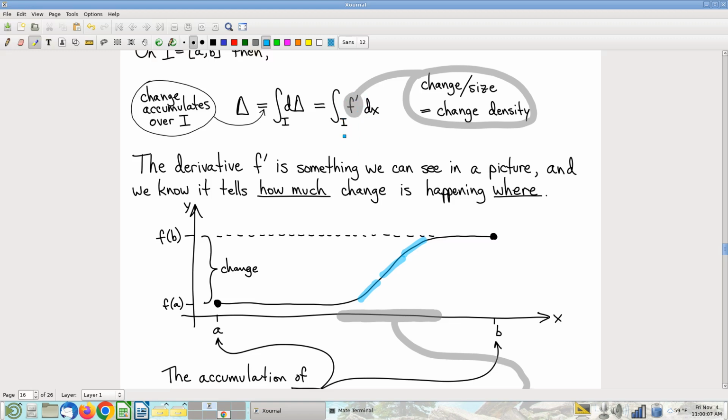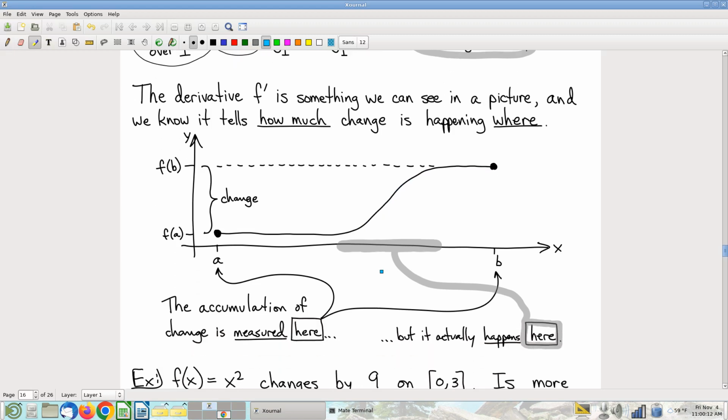Okay. So this makes it a little bit easier to digest the suggestion I've made, that sometimes we observe quantities on the boundary. Now, how do you compute change? How do you compute f of b minus f of a? Well, you look at f of a and f of b.